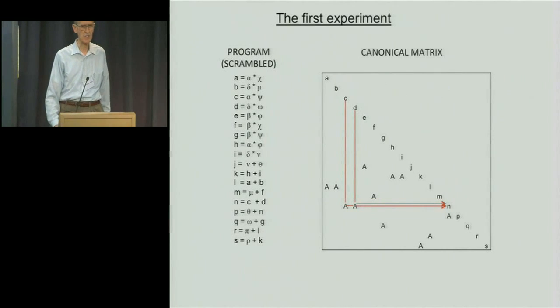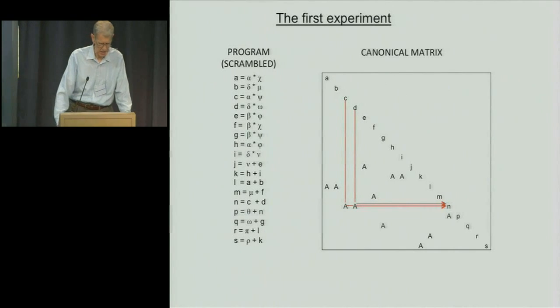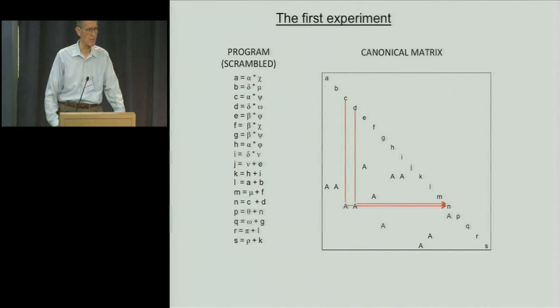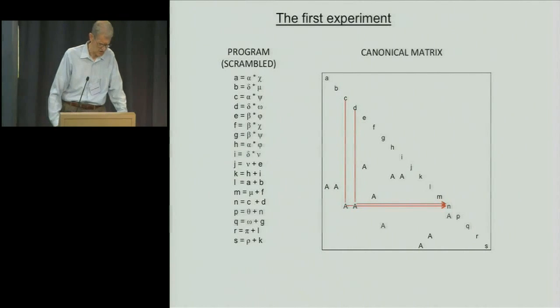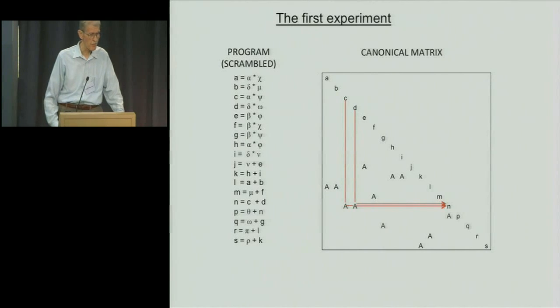Here is the first experiment ever that I performed, where I actually observe the emergent inference. On the left, there is a very simple program in C, which I selected for trying to find out the answer to my question.